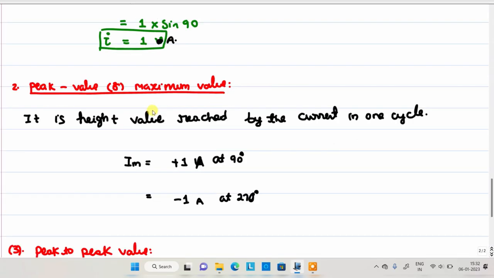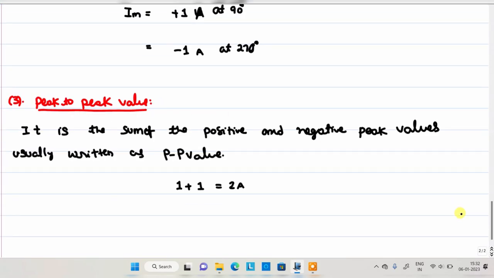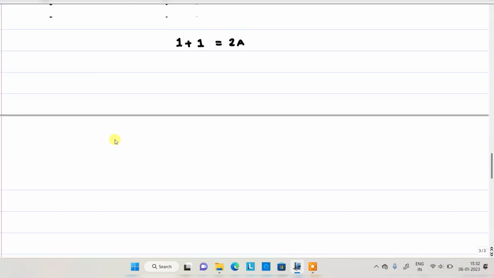Okay. Next, all these points are very, very important in the case of the third and fourth unit, transistors. These concepts are also very important, so everyone listen carefully. Next, the fourth one, RMS value, that is called the root mean square value.